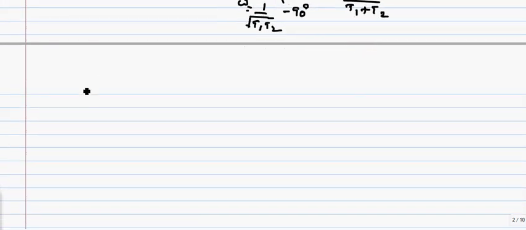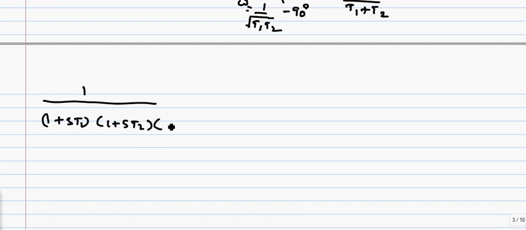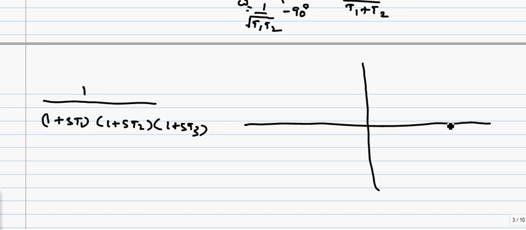If we take a transfer function with three simple poles, which is 1 over 1 plus st1 times 1 plus st2 times 1 plus st3, if you plot the polar plot for this function, when omega equals 0, the magnitude will be 1 and the phase angle will be 0, which we have already seen. This is corresponding to omega equals to 0.